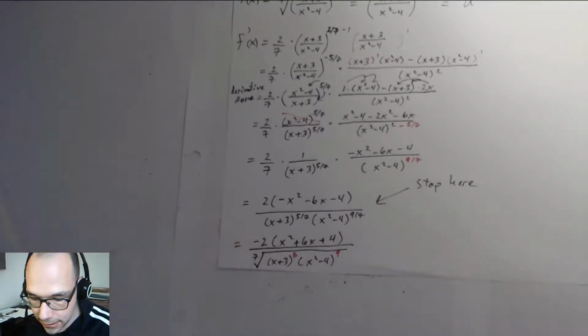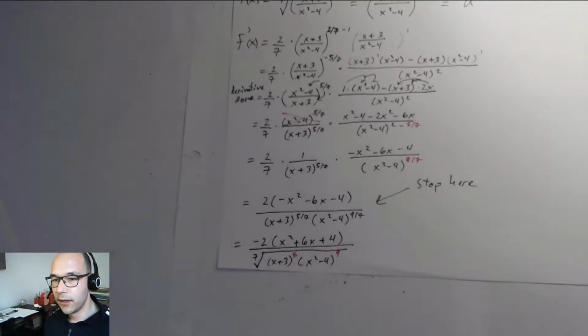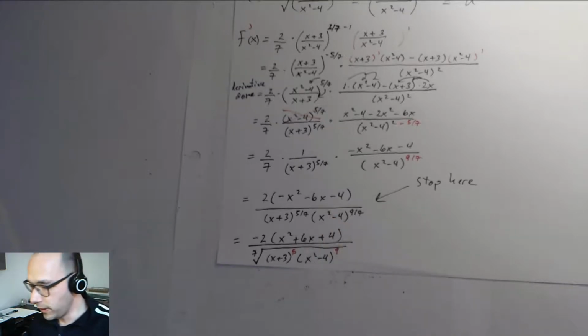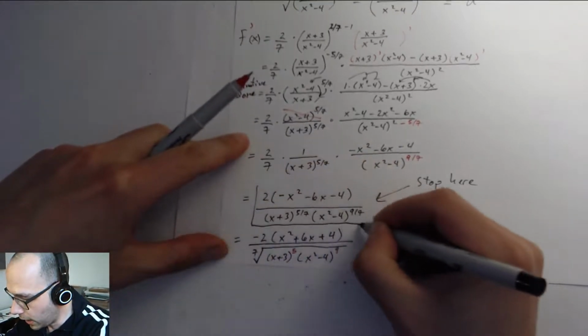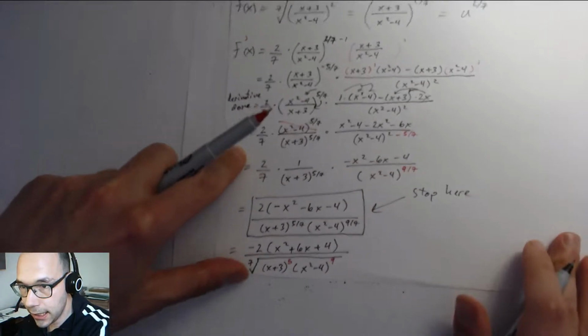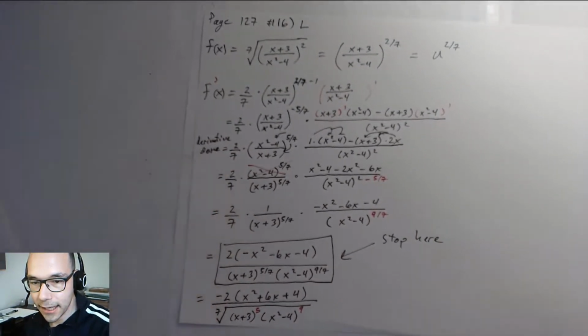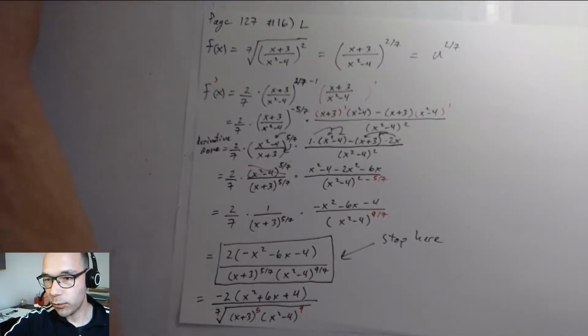So this is the more simplified version, but you are allowed to stop with the one before. So you can take a picture of that, and I hope it went well.